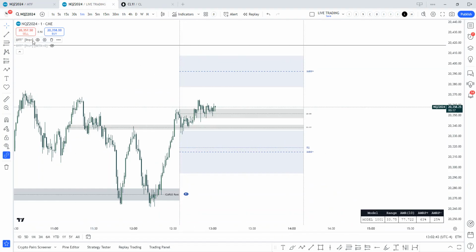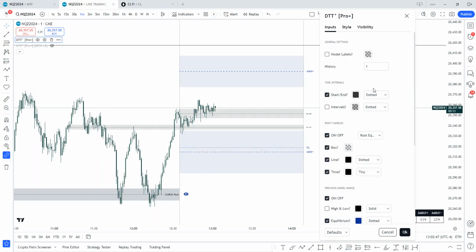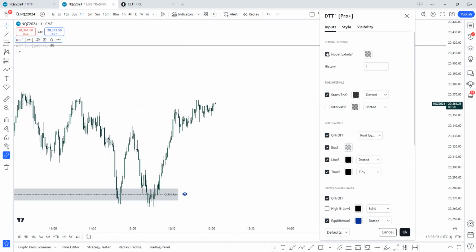But in general, if we go to the indicator in and of itself, I currently just have the intervals on the outside plastered on here. So currently we're observing model 1001. This is the current model for right now.